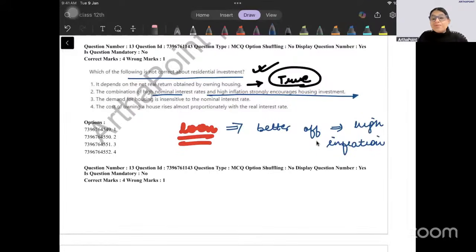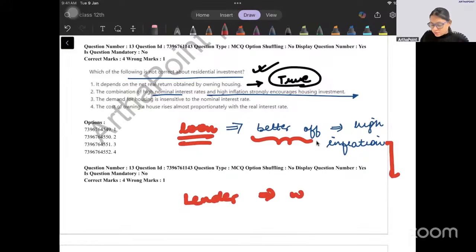We have proved this, I think, in the chapter of intertemporal. I don't remember. Micro में कौन से chapter में? Maybe intertemporal only. We have proved that whenever you have high inflation and you are a lender, someone who is giving out a loan, you will be worse off.